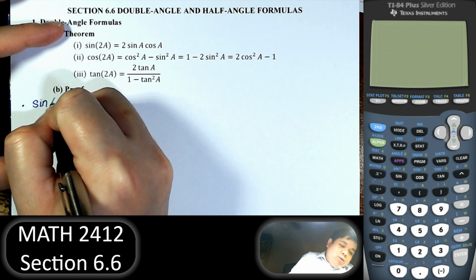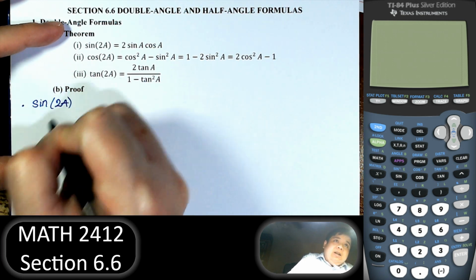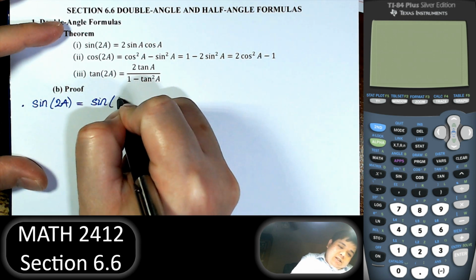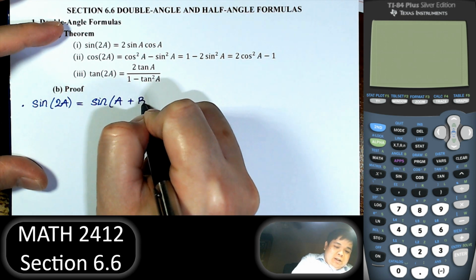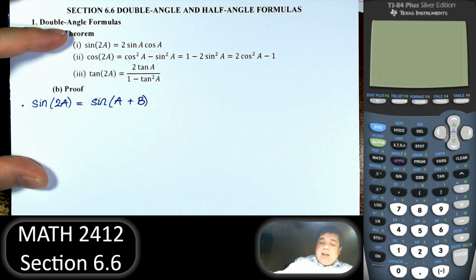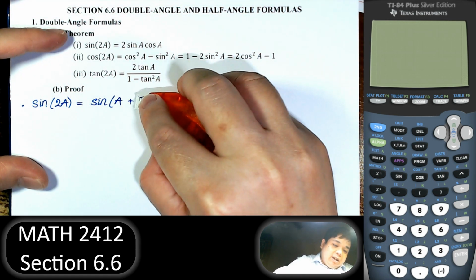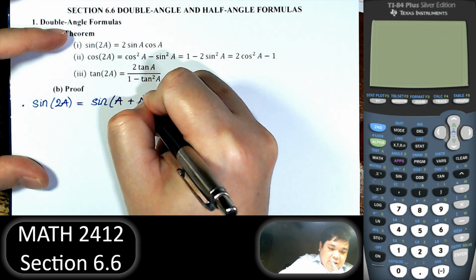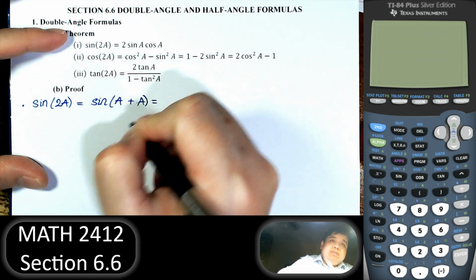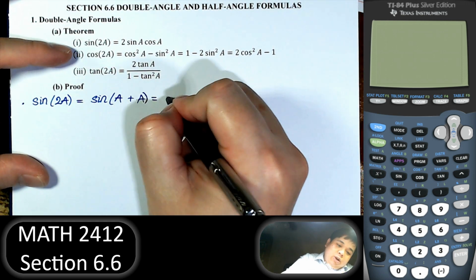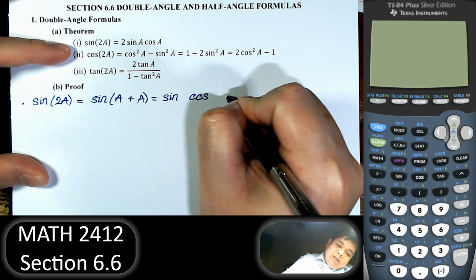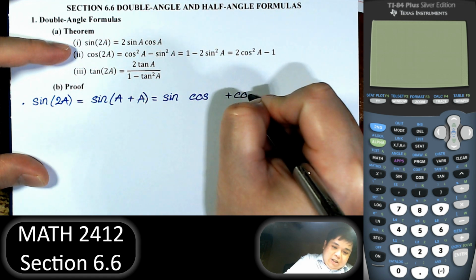For example, sine of 2a, if we write 2a as a plus a, then we have sine of a sum. For sine of a sum, we have sine, cosine, plus cosine, sine.